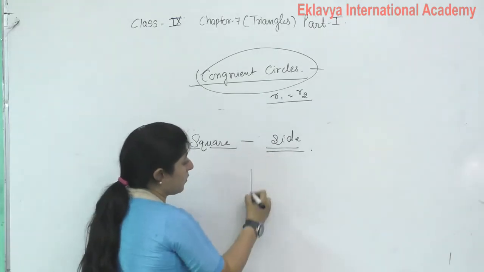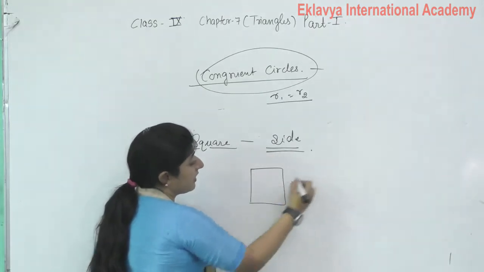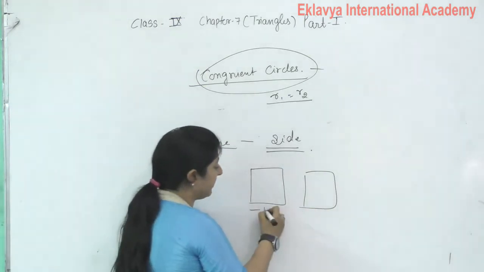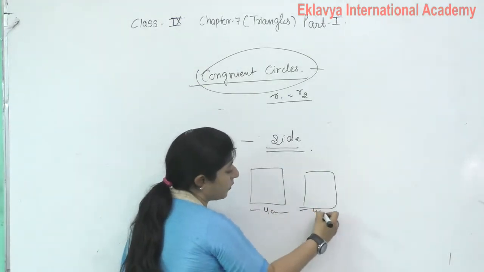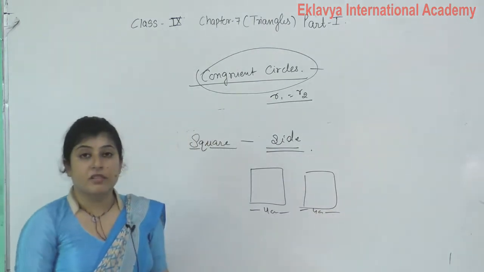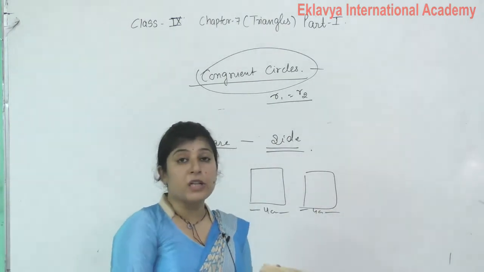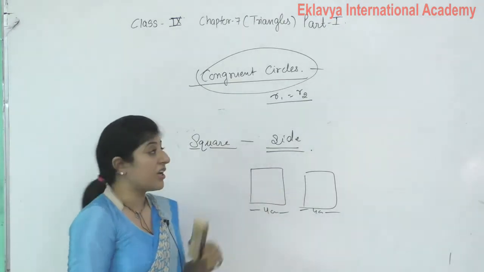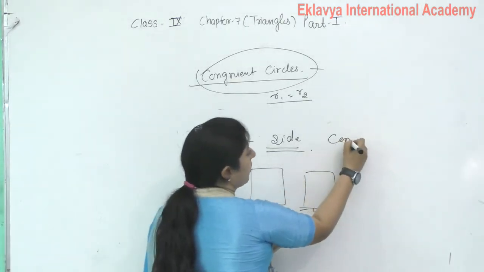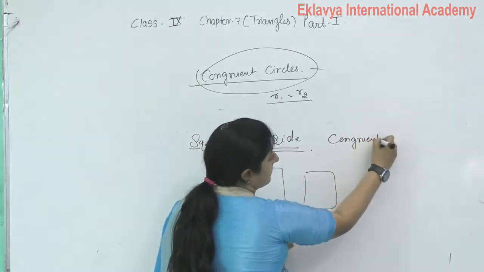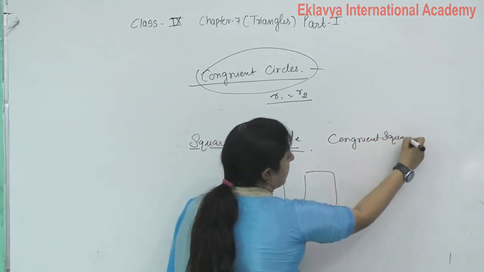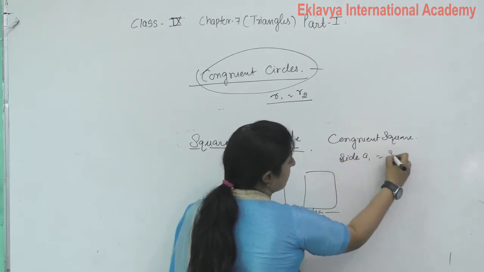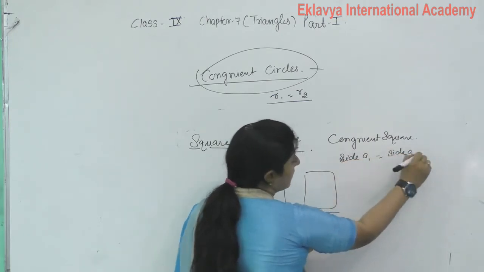So two squares are congruent if their sides are equal. If sides are equal, then these two squares are said to be congruent. Or if I am using the word congruent squares, it means I can say that the side of square 1 is equal to the side of square 2.